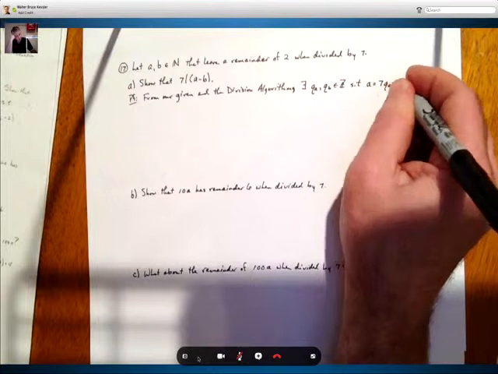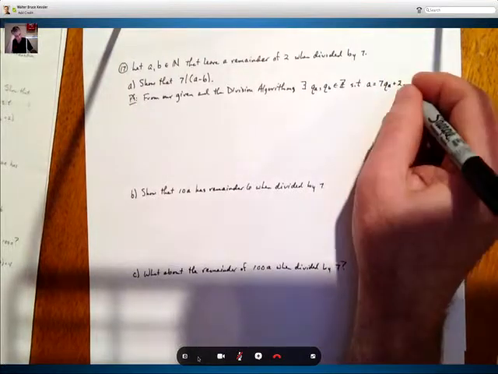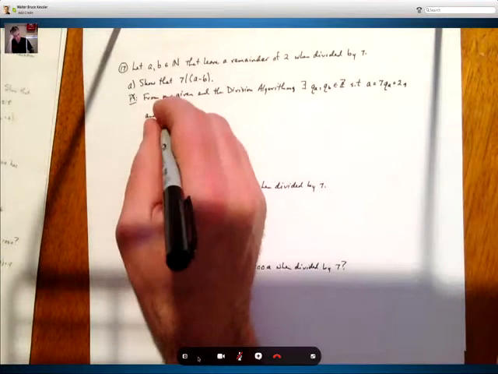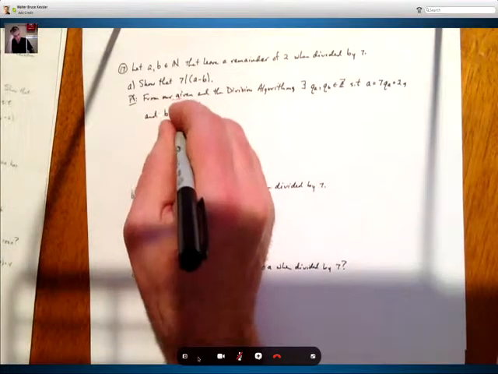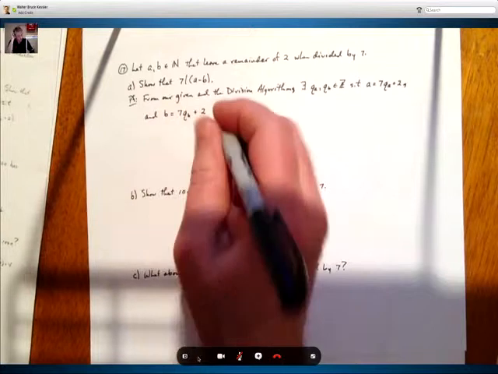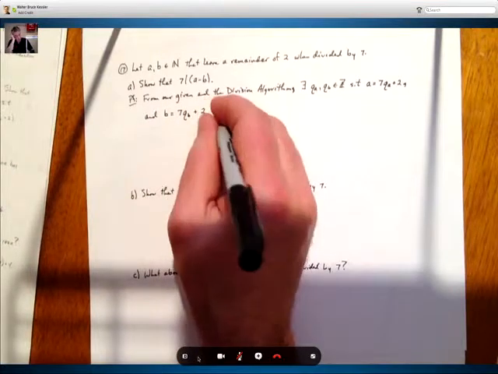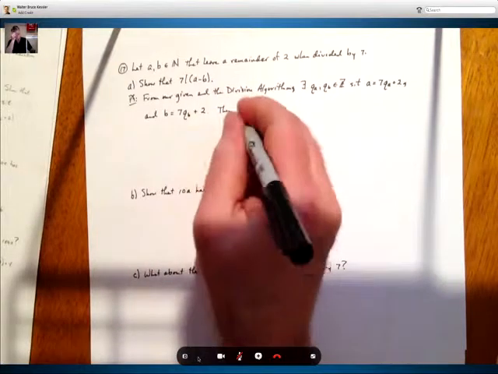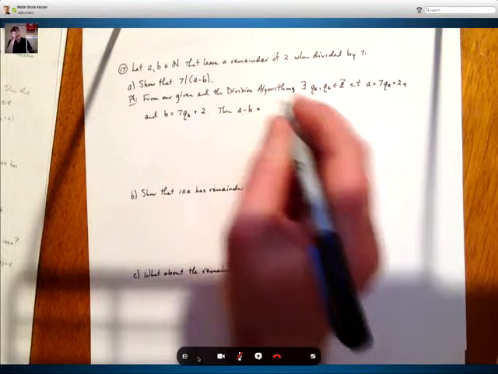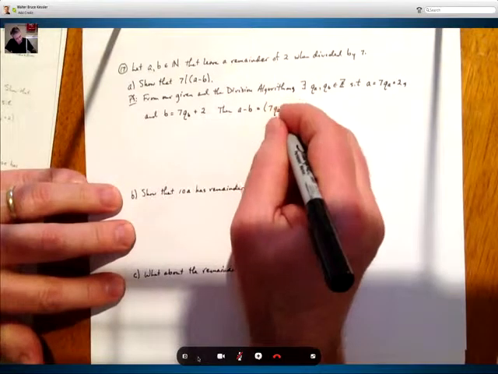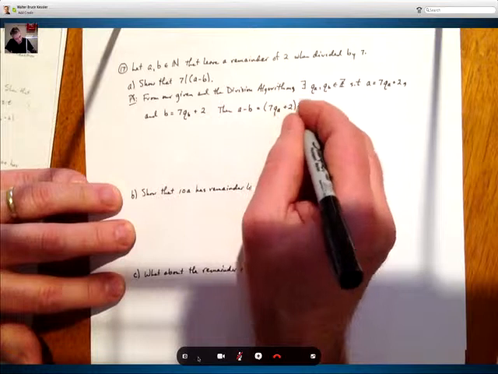Such that A is 7QA plus 2. The remainder is given. And B is 7 times the quotient for B plus 2, the remainder's given. Then what I want to look at is A minus B, which just substitute these things in.